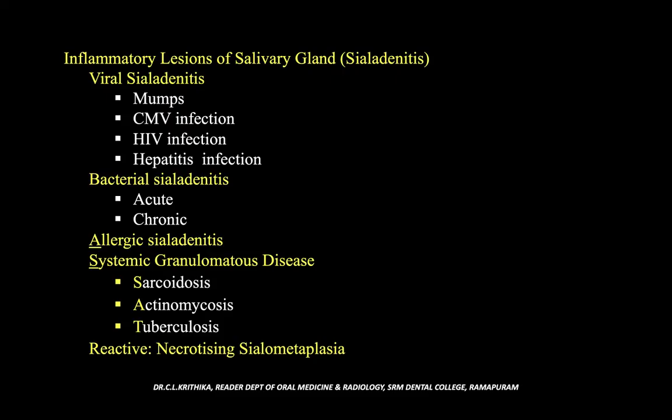Bacterial sialadenitis can either be acute or chronic. Next is allergic sialadenitis. Then systemic granulomatous diseases include sarcoidosis, actinomycosis, and tuberculosis. Reactive lesion is necrotizing sialometaplasia.